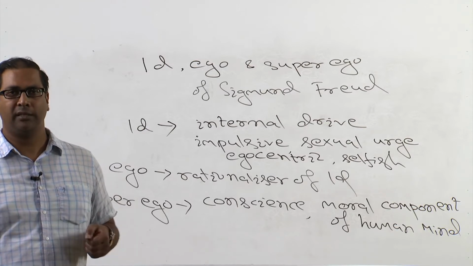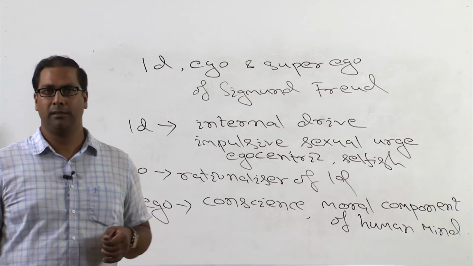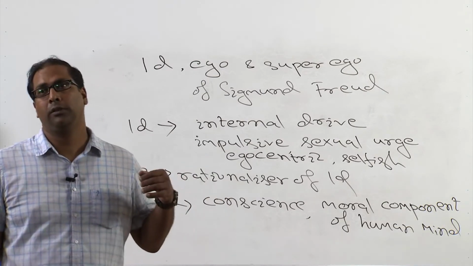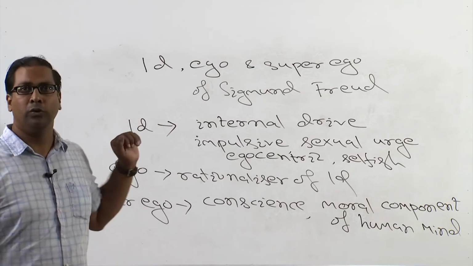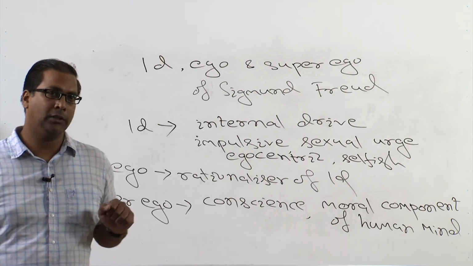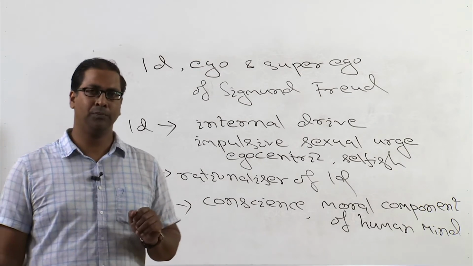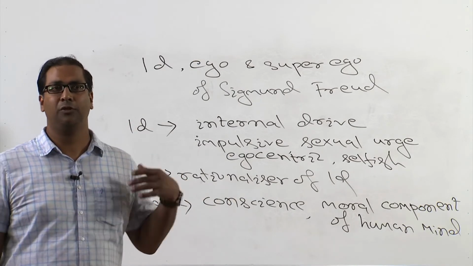It is egocentric, it is selfish, it just wants to do whatever it desires. But that is always controlled, regulated, rationalized by the ego part of our personality, which is not to be confused with the dictionary definition of ego. It always rationalizes id through control, through denial, through judgment.